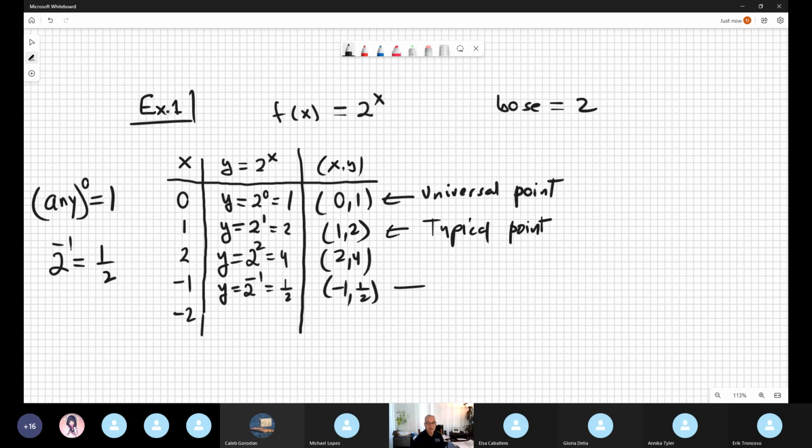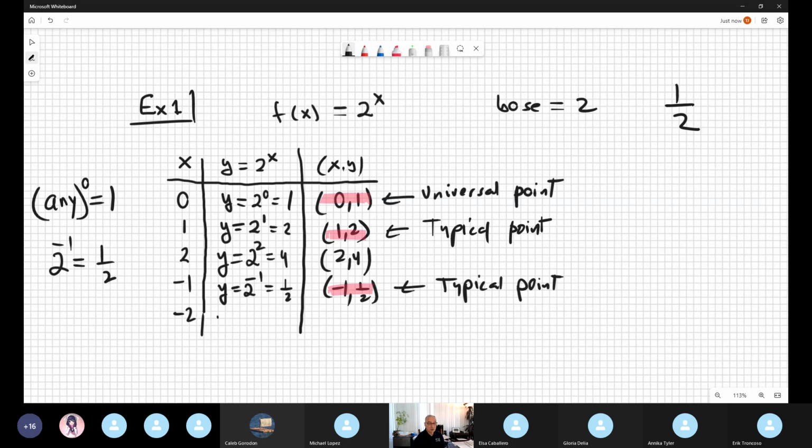This is another typical point, in which if you evaluate the exponential at -1, we obtain the reciprocal of the base, 1/2. Entonces, these 3 points are enough to plot the exponential. You want more? It's okay.